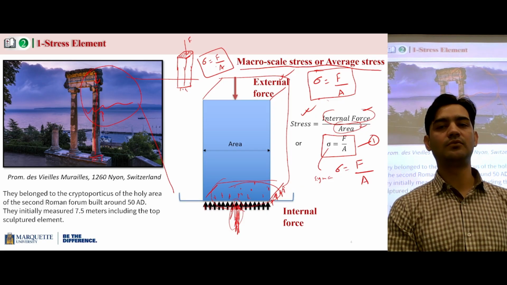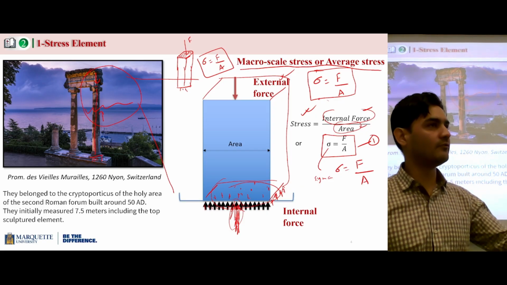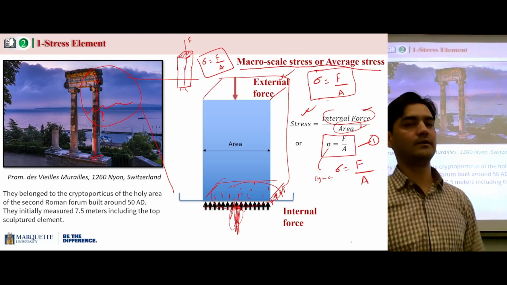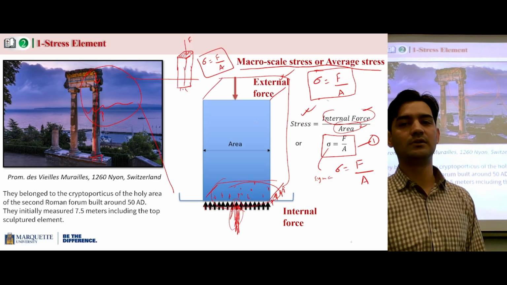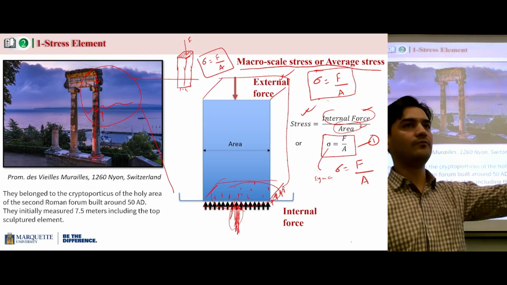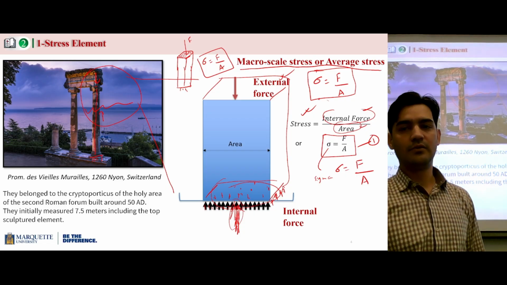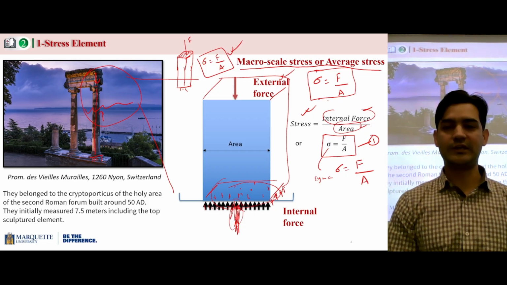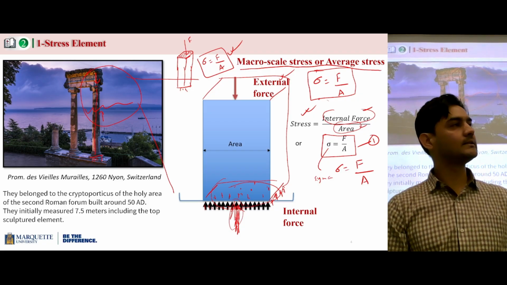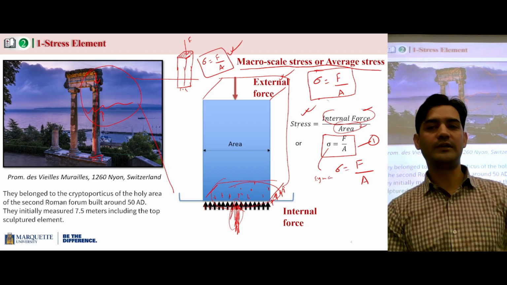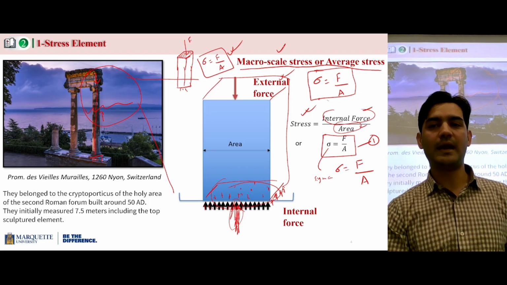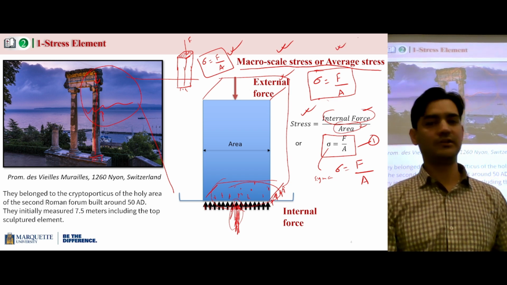So whenever someone asks you, you are given a force which you can calculate by equilibrium equations, you know the area, you divide force by the area, and then you can calculate stress. And this method of calculating stress is called macro scale or average stress.